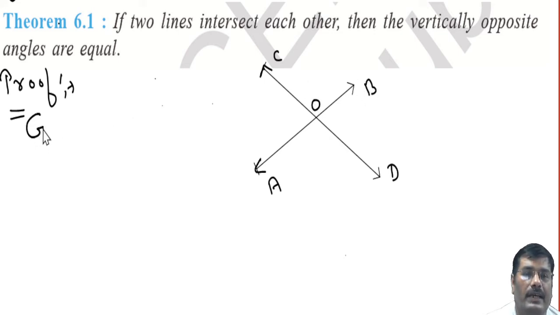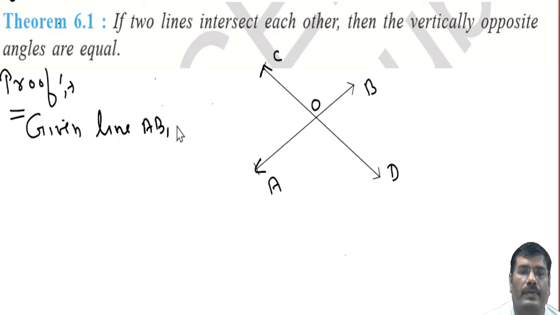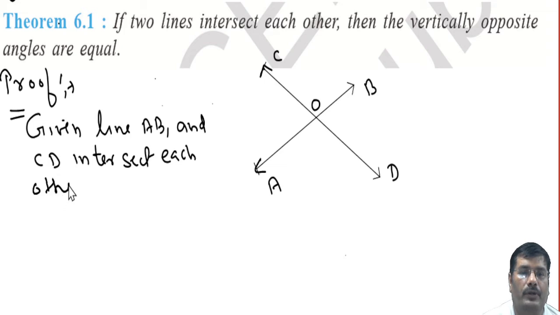In given, what we have to write? Line AB and CD intersect each other at O. Actually, in a video I have already proved this one.